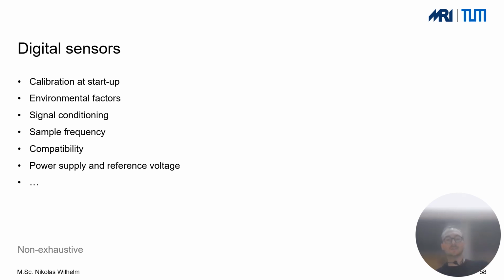Then, of course, also some things to pay attention to with the digital sensors. So one thing is some sensors might need to perform their calibration on startup. So if we, for example, look at an inertial measurement sensor, this one will measure the orientation in 3D space. But one of the problems is once it's powered up, it doesn't know to which frame it should express its orientation.